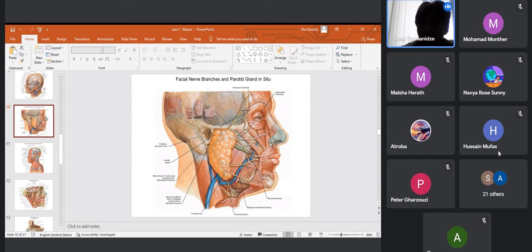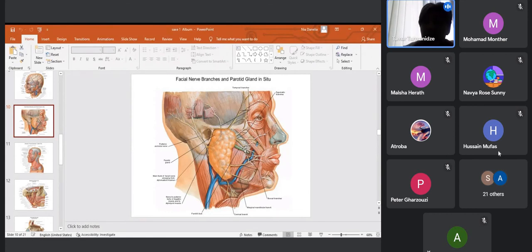So if we take the line and pass from the tragus of the ear to the wing of the nose on the skin, in the midpoint of the line is the projection point of the parotid duct.